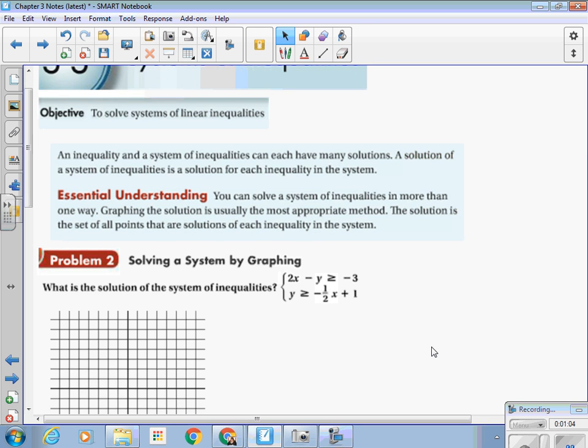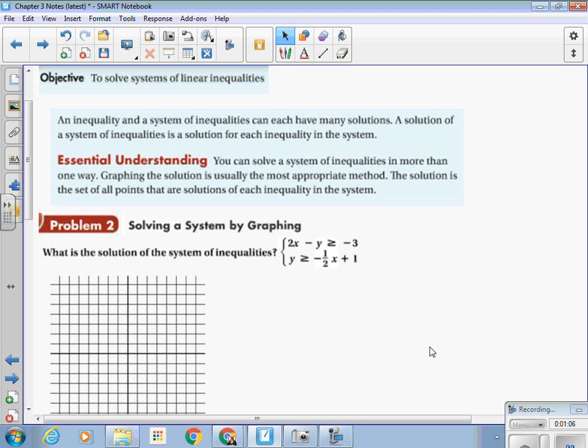Okay, so essentially we can solve a system of inequalities in more than one way. Graphing the solution is usually the most appropriate method. The solution is the set of all points that are solutions of each inequality in the system. So if it satisfies both, then it is a solution.